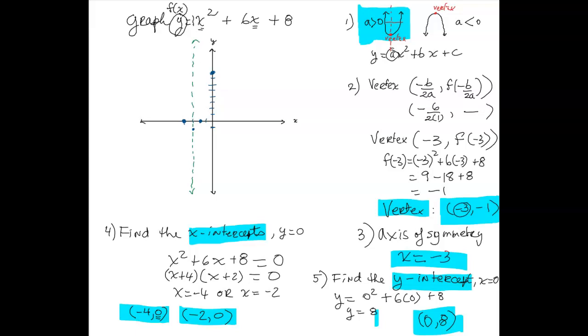X equal to -3 crosses the point -3 on the x-axis. Now, because I know my parabola is curved at the vertex and touches the x-intercepts, I can do as follows. I'm going to attempt to make it curve.